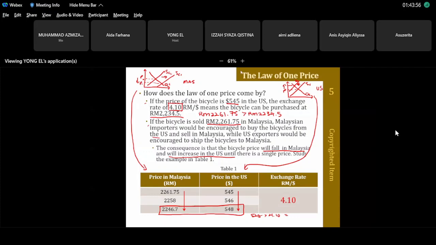Can you give me a more precise answer? I think the answer is supposed to be 2246.7, somewhere like that. Let me see if anyone gets that answer.